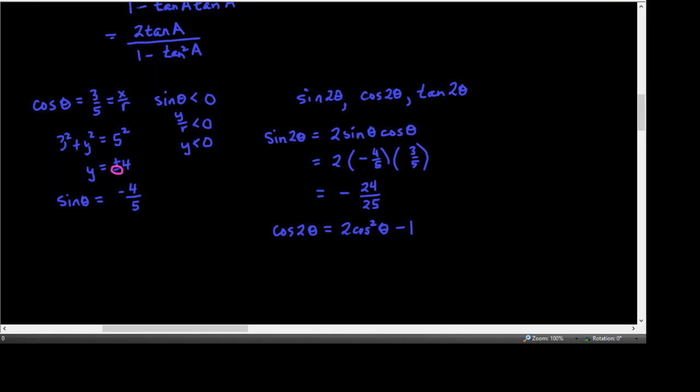So this is the safest bet, I think, because sine of theta is actually negative 4/5. If you used a different identity, you could get the right answer. I'm just saying this is the easiest because of what was given. Okay, so 2 times 3/5 quantity squared, then subtract 1. So that's 18/25, so negative 7/25.